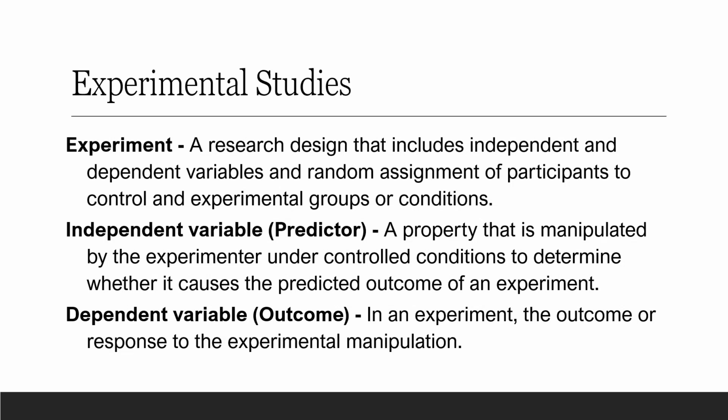So in a correlational study, there are also independent and dependent variables. However, what makes it unique in experimental psychology is the fact that there is more emphasis on manipulation and randomization. So the outcome of our study will depend on our manipulation of these independent variables.